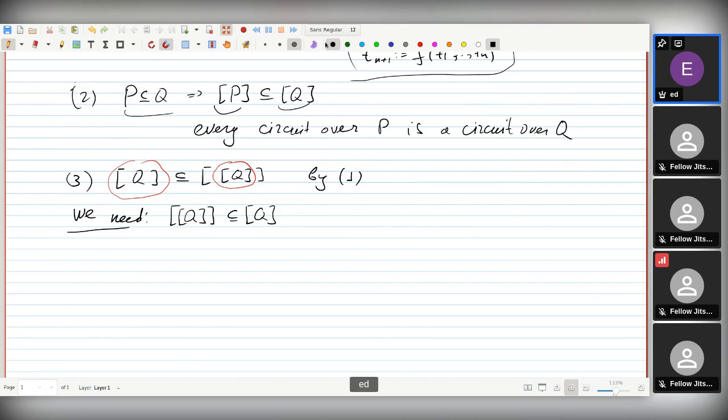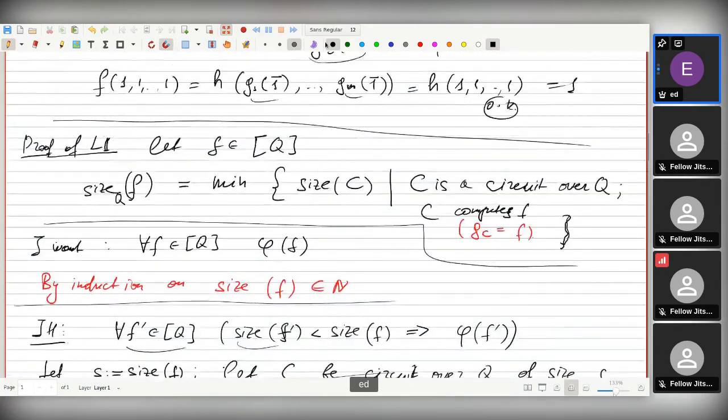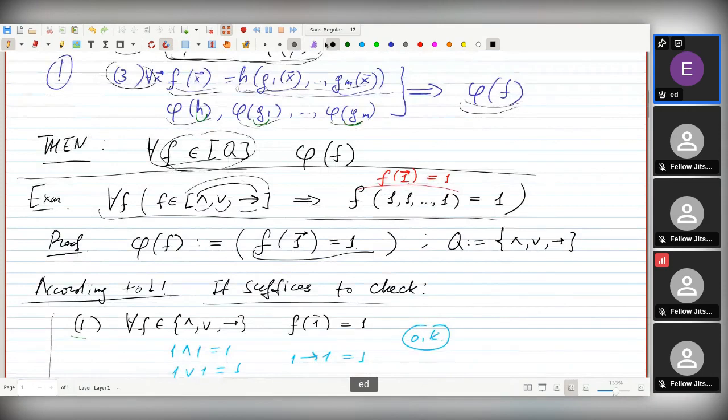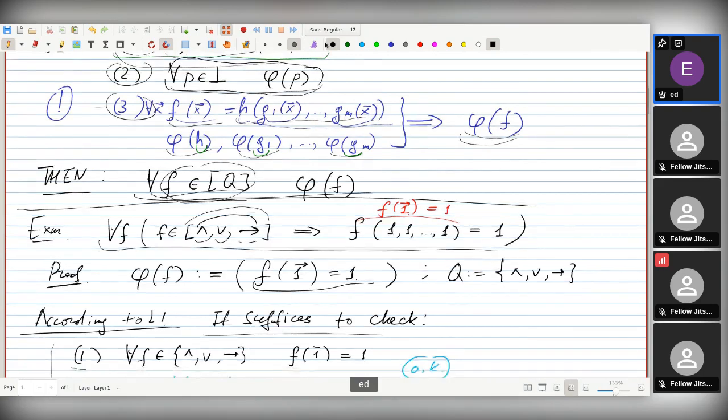Let us rephrase it in such a way that we will have something like the conclusion of our lemma 1. Everything in the closure of some Q satisfies phi. Let us rephrase it this way.